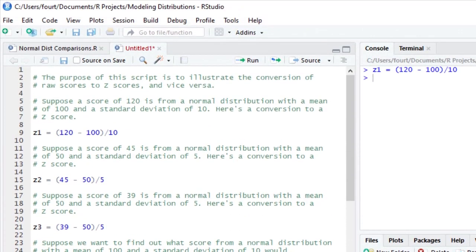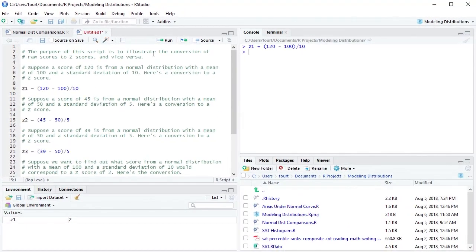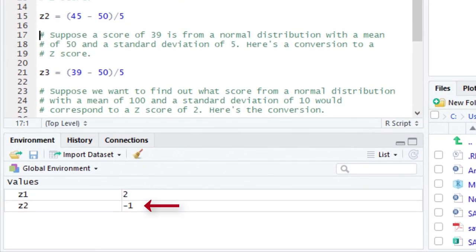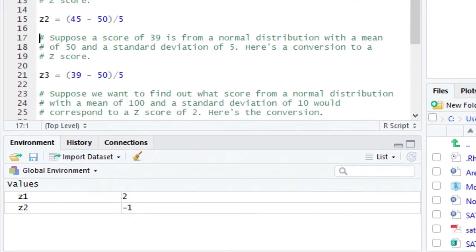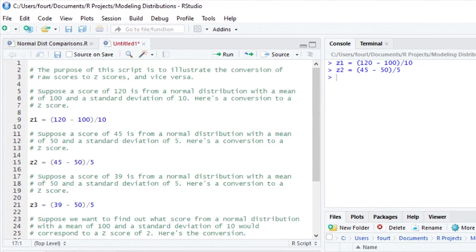Suppose a score of 45 is from a normal distribution with a mean of 50 and a standard deviation of 5. The deviation score is 45 minus 50, or negative 5, and when we divide this by the standard deviation of 5, we obtain a z-score of negative 1. Let's try one that is not quite as easy to calculate in our heads, so that we truly need to use R as a calculator.